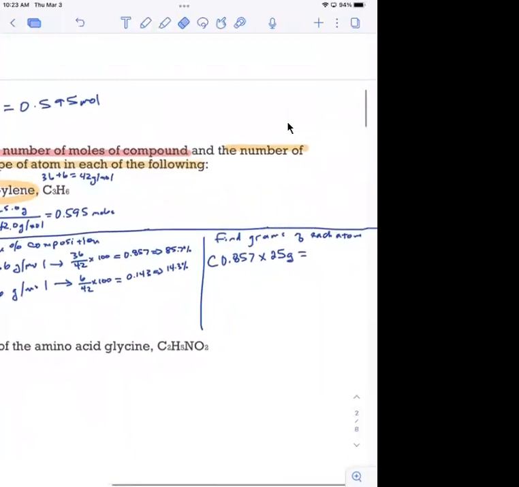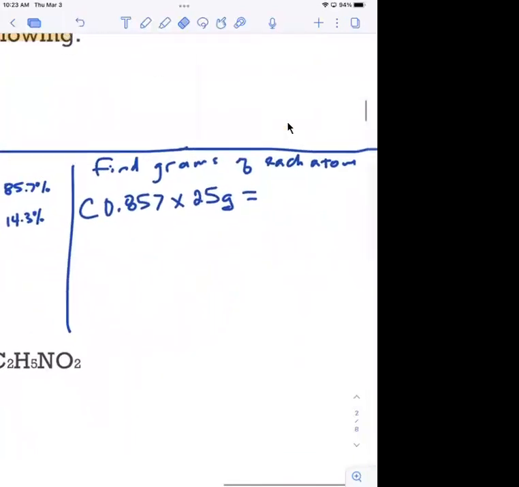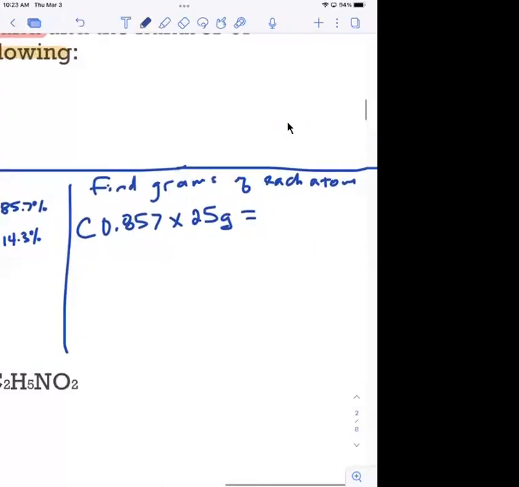So the sample of propylene is 25 grams and 21.4 grams of that is carbon.